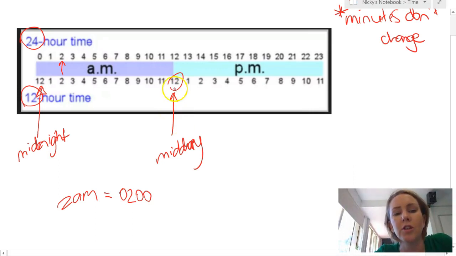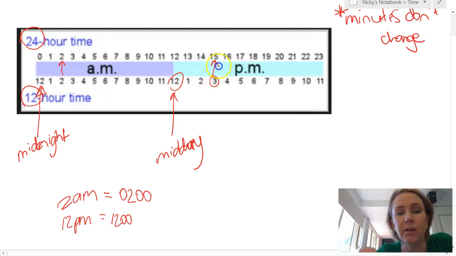Once we get past midday, that's where it changes when you convert it. So say if I had 12 midday, that would become PM because it's towards the PM. So 12 PM or middle of the day, that would remain the same. Once you're past that midday time, let's say 3, that's when we would add on 12 to get our 24-hour time.